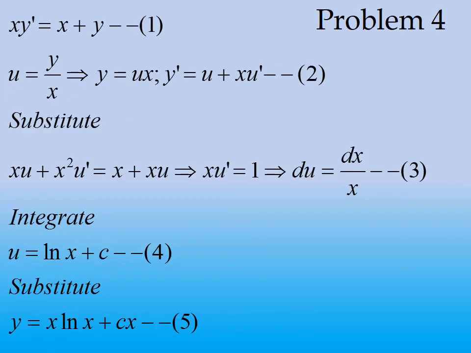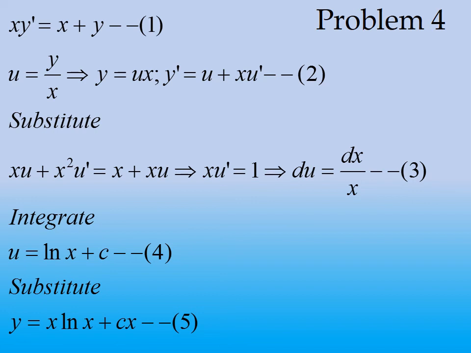Then the next problem is x y prime is equal to x plus y. Now here also you take u is equal to y by x. So y is equal to ux. So y prime is equal to u plus x u prime. Now you substitute these values, then you can get xu plus x squared u prime is equal to x plus xu.